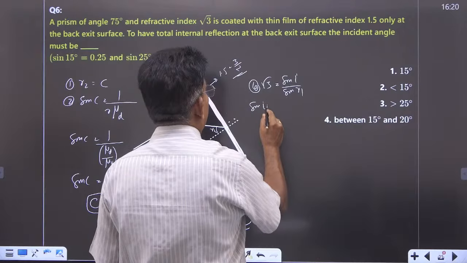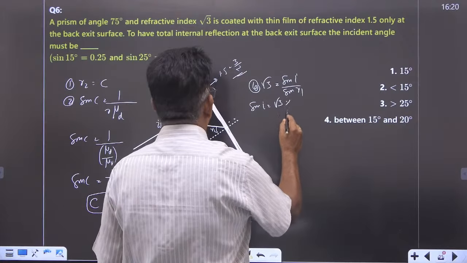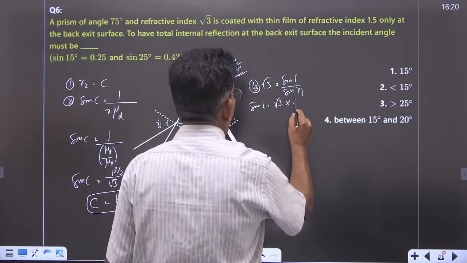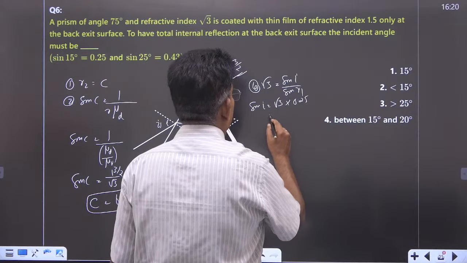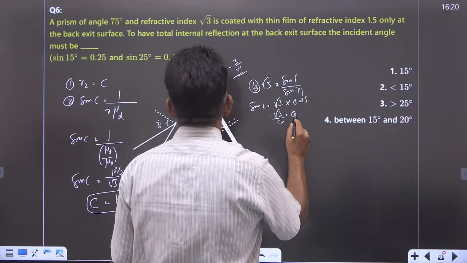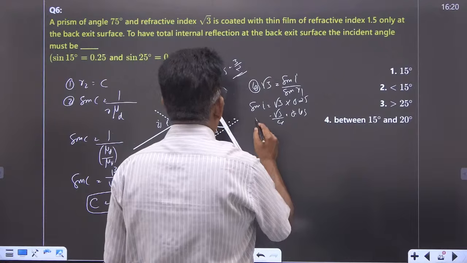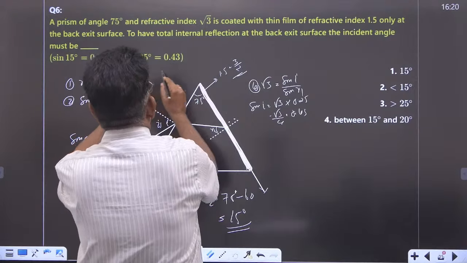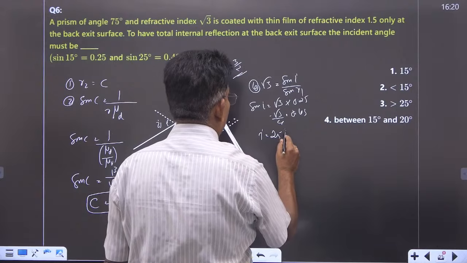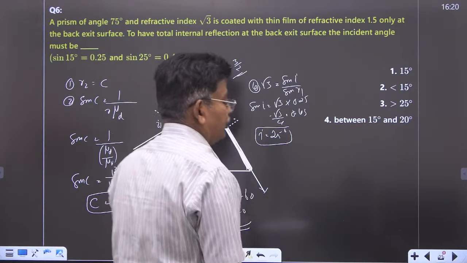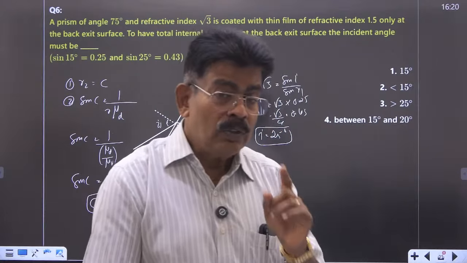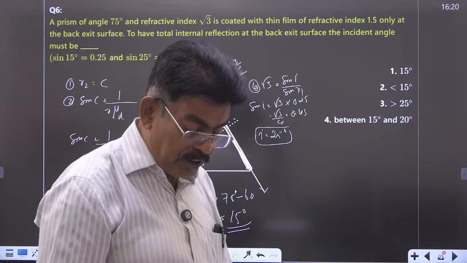Therefore, sine I is equal to root 3 into sine 15, which is given to be how many? 0.25, that means root 3 by 4. That comes to be 0.43. And it is given that sine 25 is 0.43. Therefore, I is equal to 25 degree. I is 25 degree. Now tell me, you see the options.